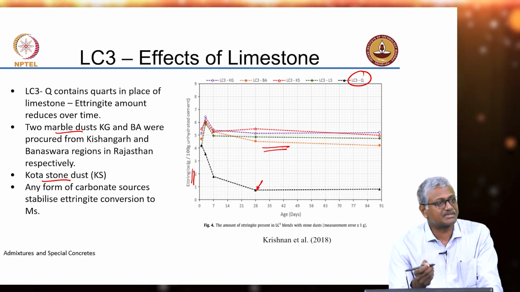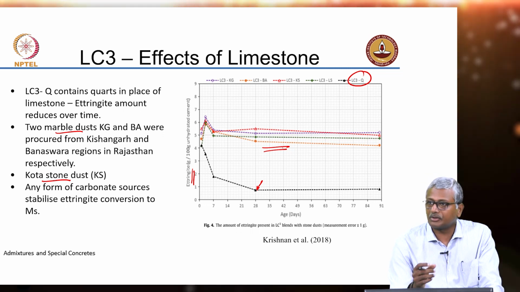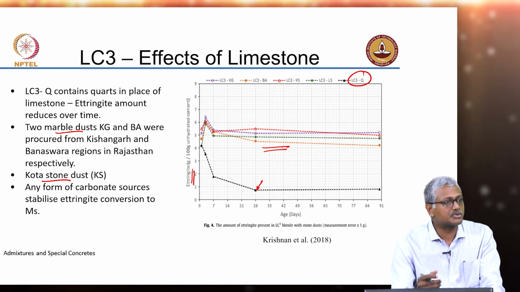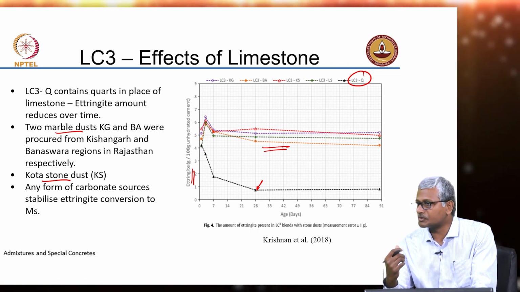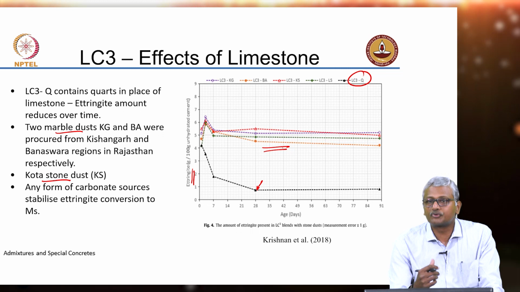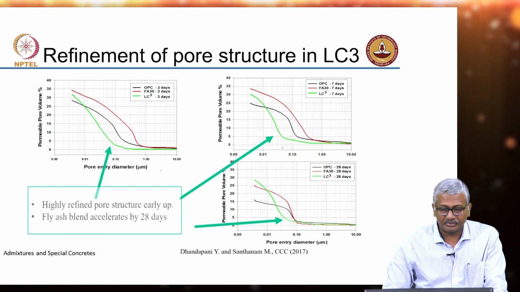And again, this is another point of strength with respect to LC3, that you are able to actually produce concretes with basically waste materials which may not be utilized usefully otherwise. And that is the most important objective here.